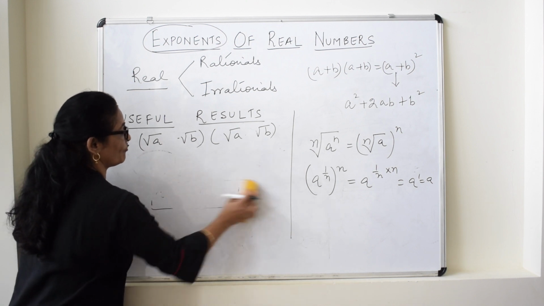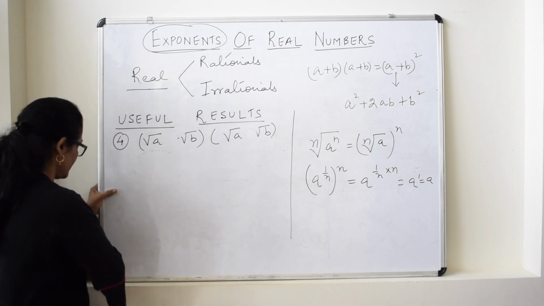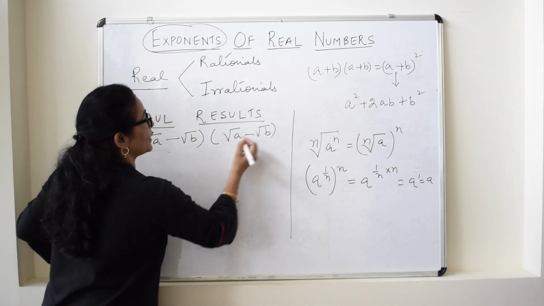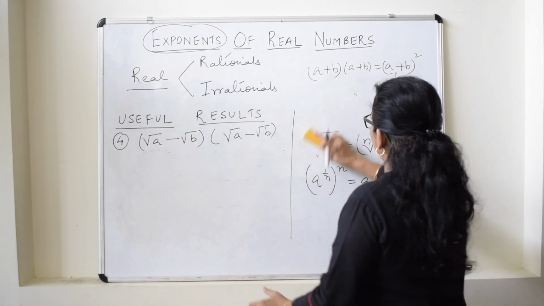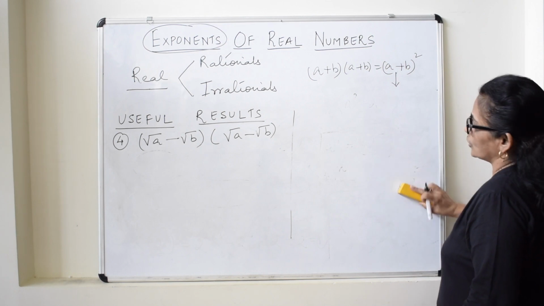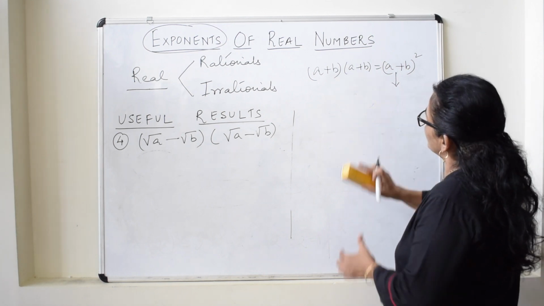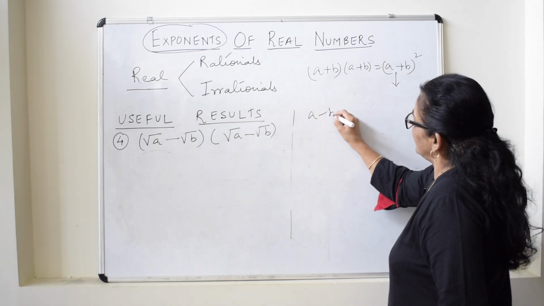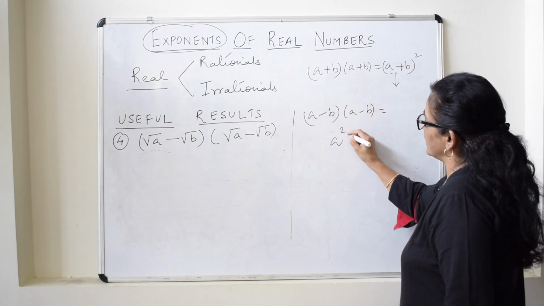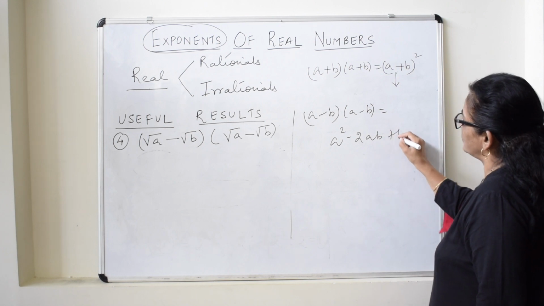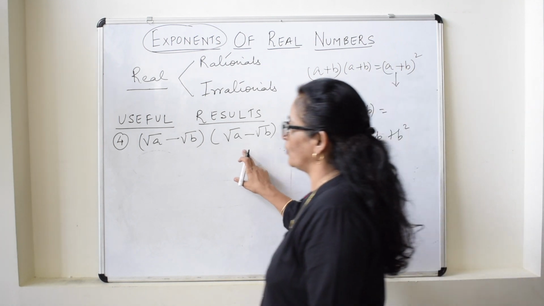Means in place of plus, if it is minus, then we will compare it with the second identity. What is the second identity? (a − b) the whole square is basically (a − b) into (a − b), and its expansion is a² − 2ab + b². Same thing will apply over here.